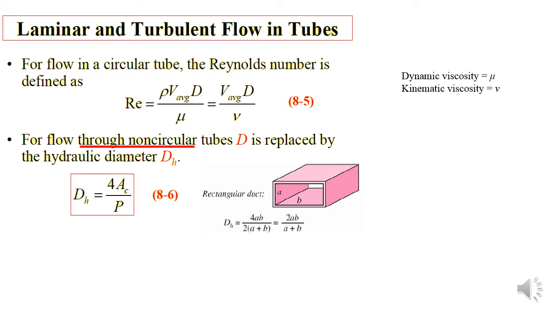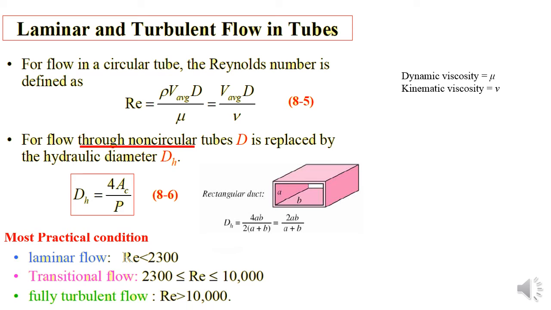For flow through a non-circular tube, D is replaced by the hydraulic diameter DH, which is given here, where DH is equal to 4 times the cross-sectional area AC divided by the perimeter. As you can see in the figure, for rectangular ducts we have A and B, and from there you can calculate the hydraulic diameter.